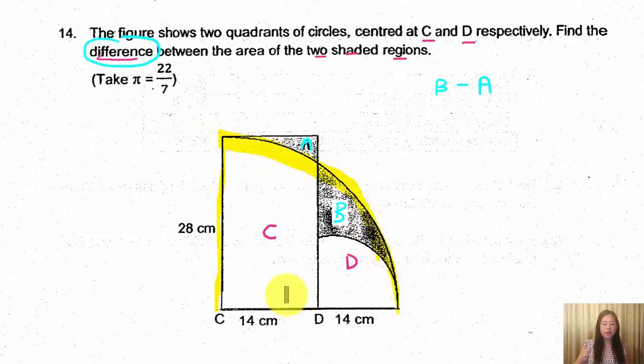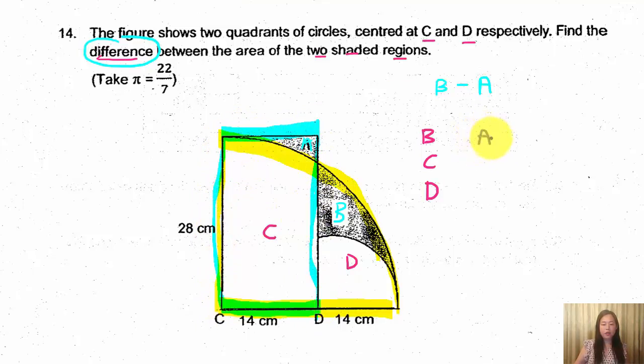And you can see that the area of this quadrant consisted of letter B, C, and D. And we also can find the area of this rectangle here, which is actually A and C. Finally, we can probably use the area of this small quadrant here too, which is actually D. So the challenge now is how can we get B and A from this?